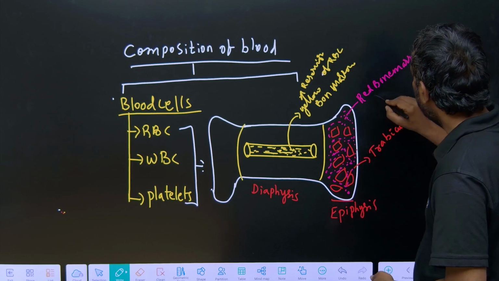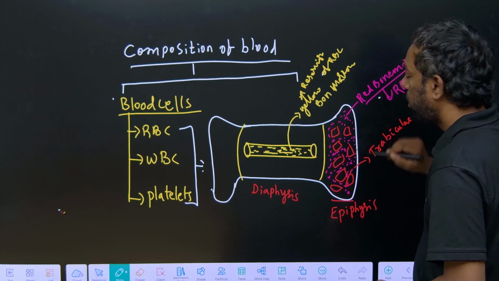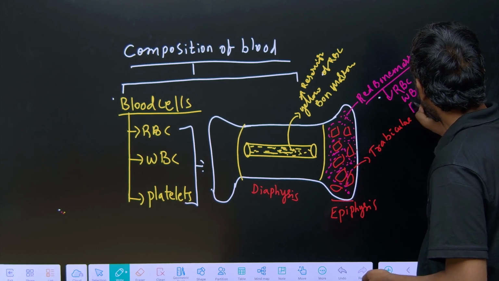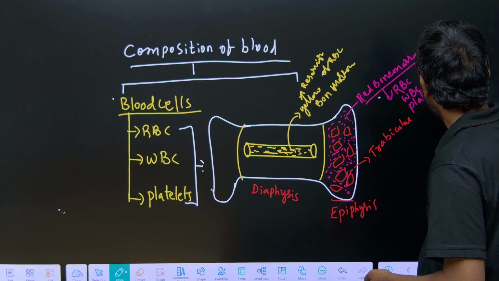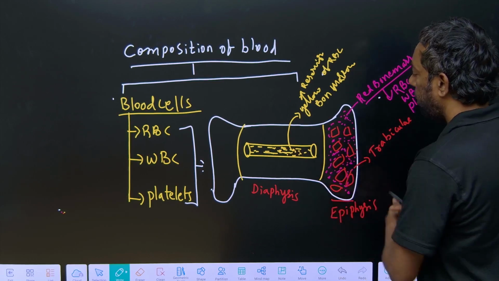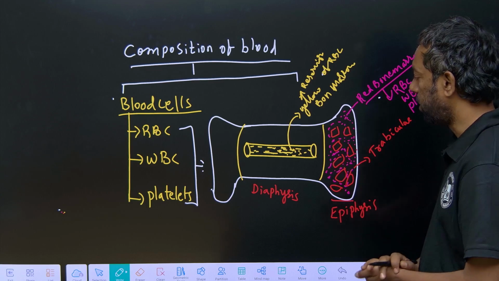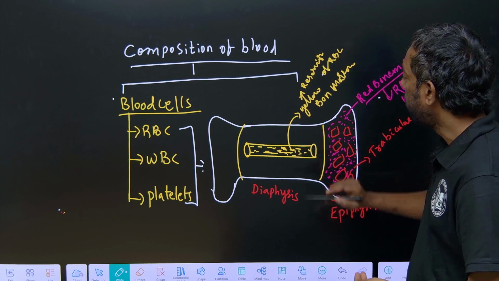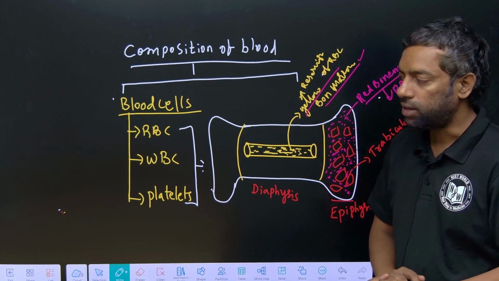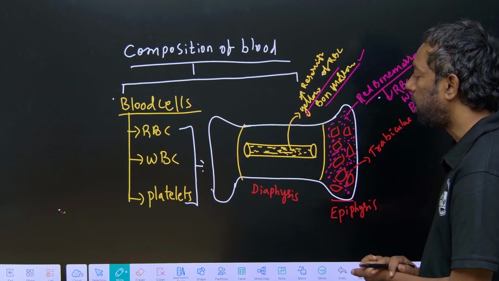Red bone marrow can produce RBC, WBC and platelets. The medullary part is yellow bone marrow, a reservoir of the RBCs. Okay, this is about where RBCs, WBCs and platelets are produced.